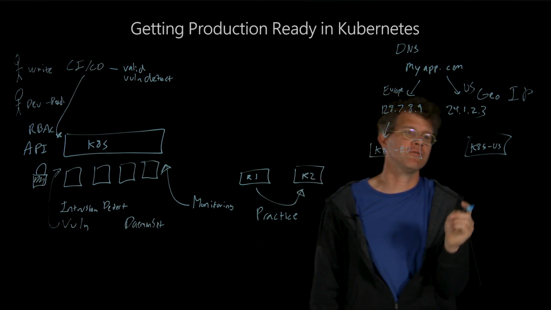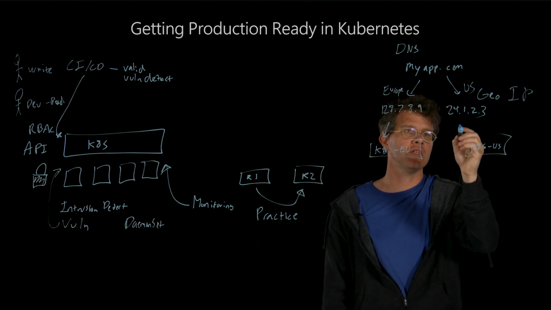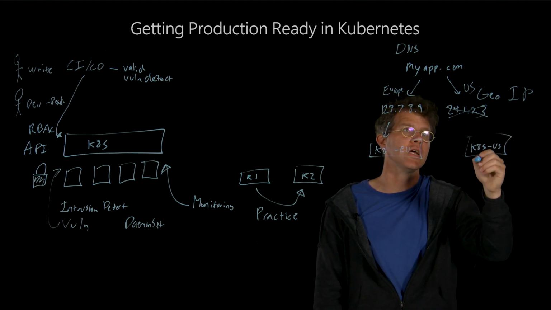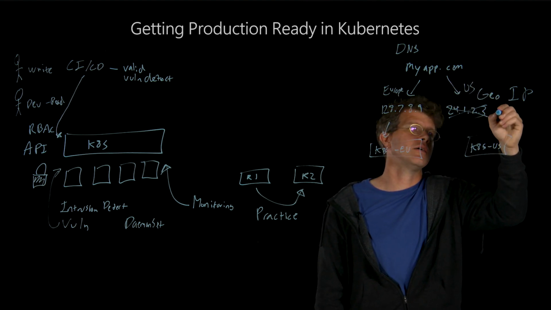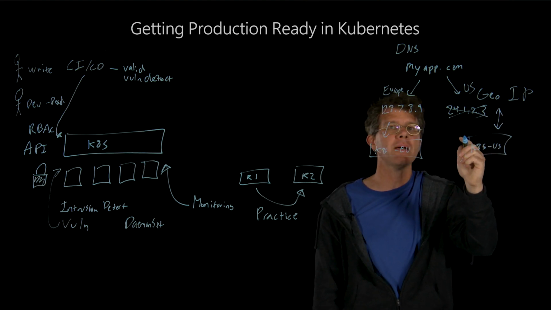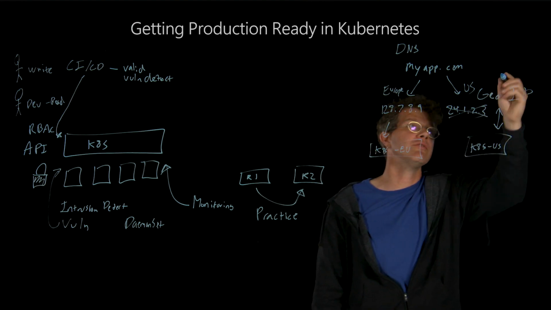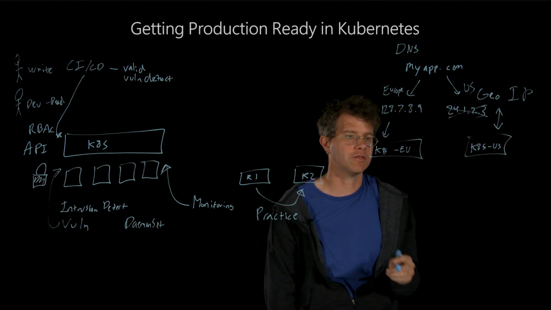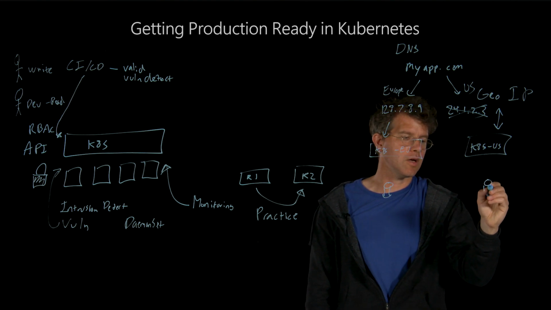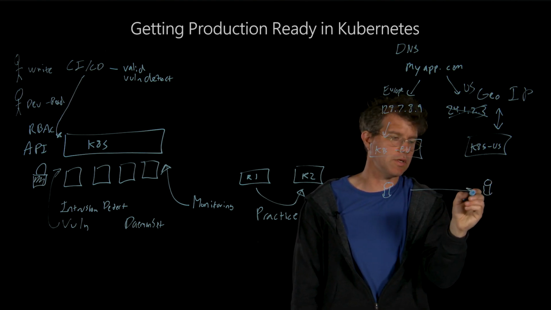But what happens if, for example, the Kubernetes cluster in the US fails? Well, you're going to need to be able to have appropriate health checks going from the DNS system and your cluster here so that if something bad happens, it will fail traffic over even from the US to your European cluster. Likewise, if you have data stores in here, you need to think about how you're going to be replicating data between these two locations.